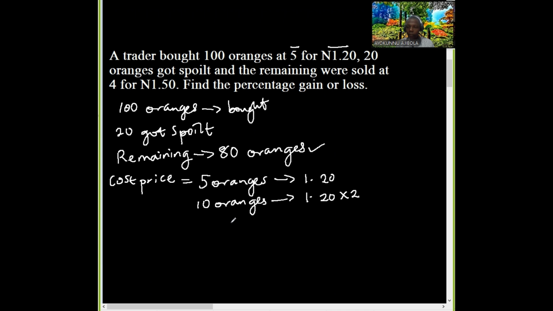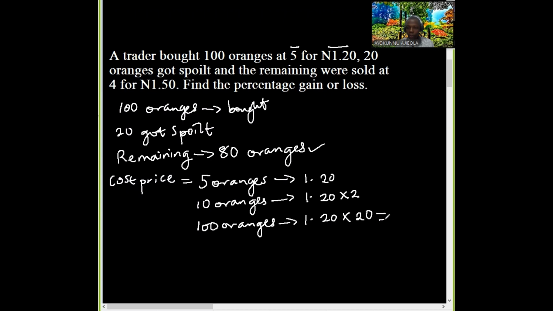Then if it's 15, that'll be times 3. And if it's 100 oranges, that'll be 1.20 times 20, because the number of 5 in 100 is 20. Okay, good.